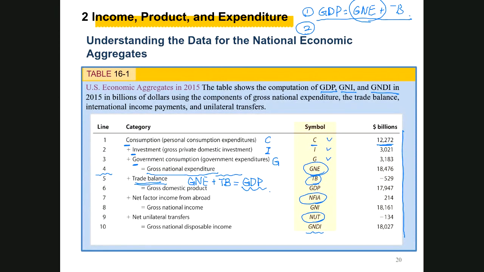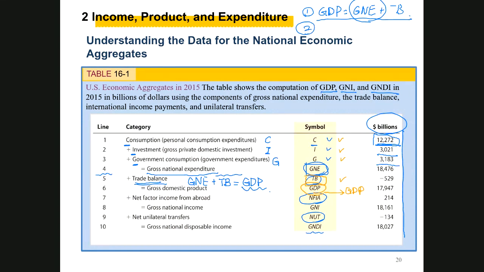Okay, so this is just to give you the example. If you know the total consumption in a country is like here, $12,272, maybe it's billions, and you know the investment and the government spending, then you should be able to calculate the GNE. If you have the information on the trade balances, with C, I, G, and trade balances, you should be able to calculate the GDP.